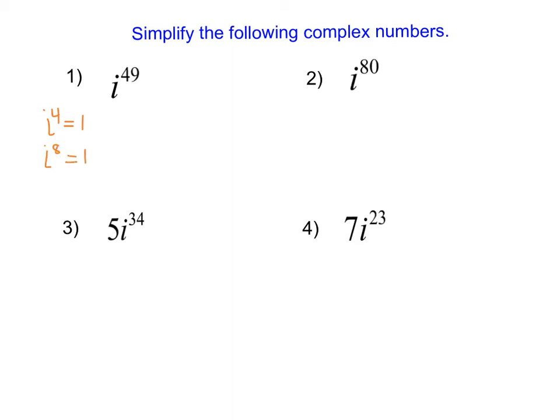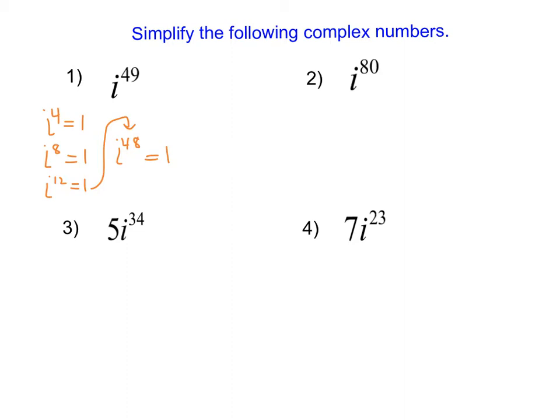Then hopefully you can make the prediction that i to the power of 12 is also equal to 1, because we're going around every 4. Everything that has a power that is divisible by 4 is equal to 1. So i to the power of 48, if we were to keep going with that pattern of 4, is equal to 1.